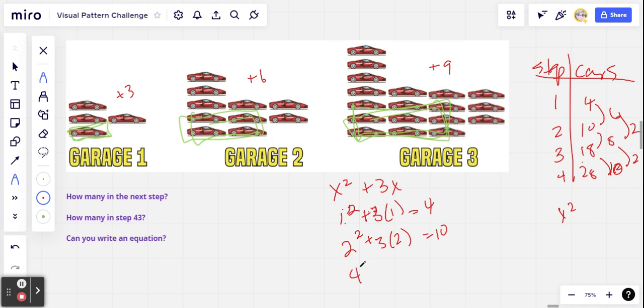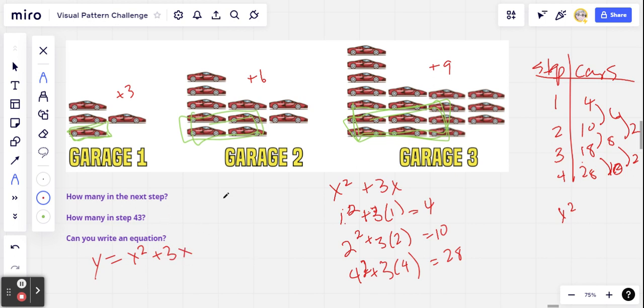So if I put in 4 squared plus 3 times 4, that would be 16 plus 12, that would be 28 for step 4. So this looks like it's making sense, and it looks like we were right with this prediction by the numbers. So our equation here is y equals x squared plus 3x.